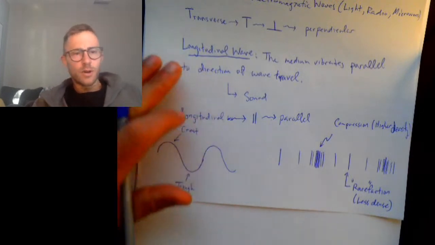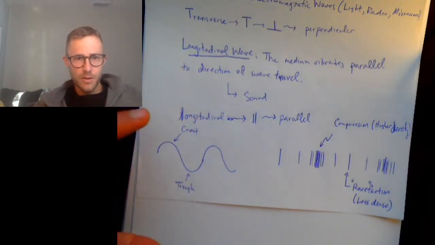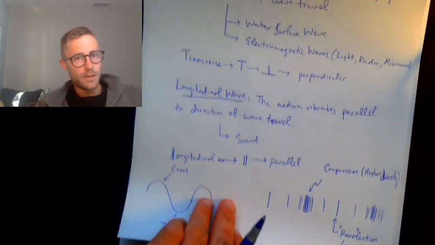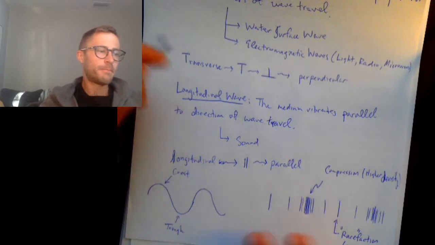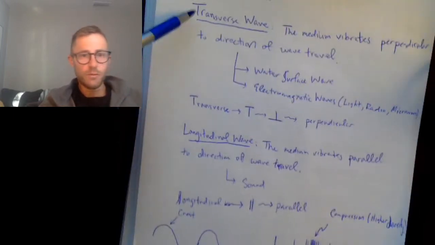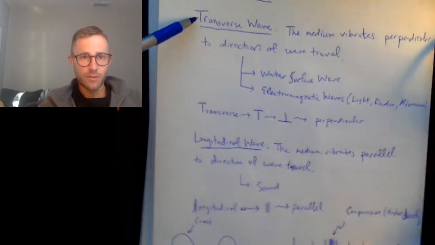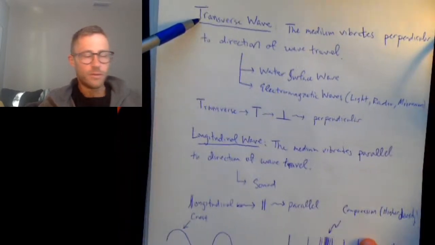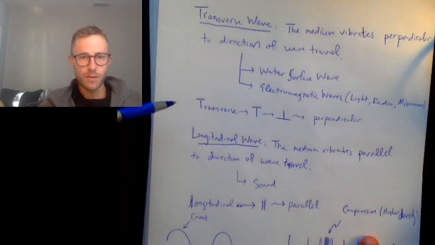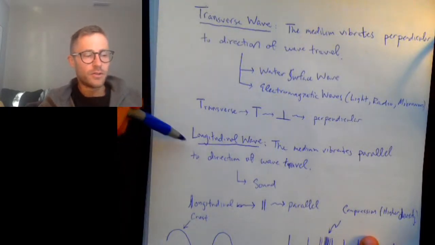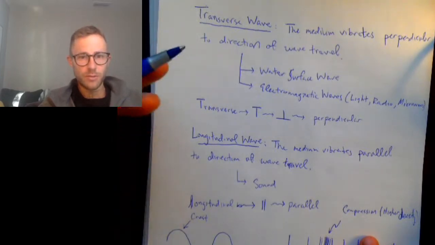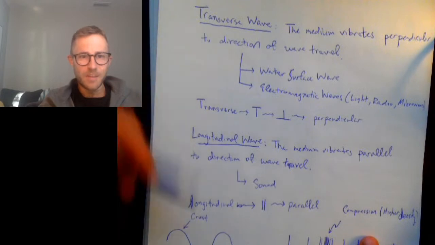Okay, so let's talk about what we've learned so far. Essentially, we've learned some vocabulary terms. There is a transverse wave, which vibrates perpendicular to the direction of wave travel, and a longitudinal wave, which vibrates parallel to the direction of wave travel. I've given examples of each.